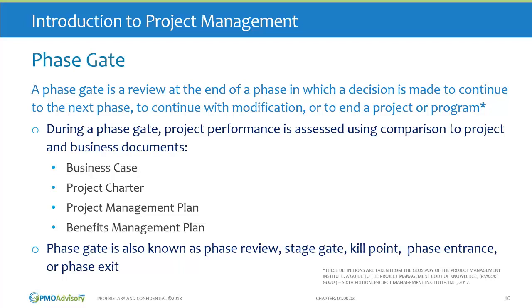So the phase gate is a performance assessment. You will compare the project performance to its planning documents, such as the business case, the project charter, the project management plan, and the benefits management plan.